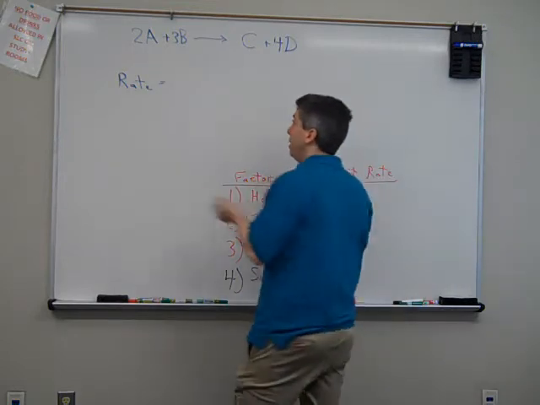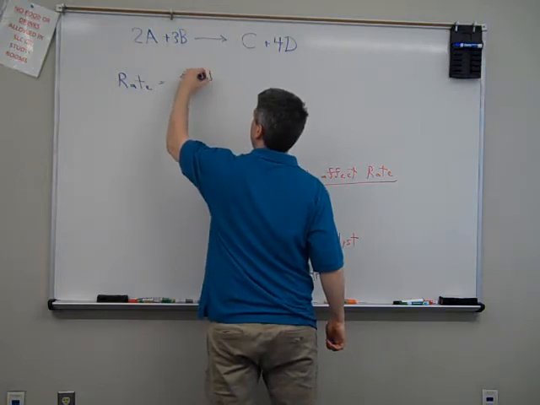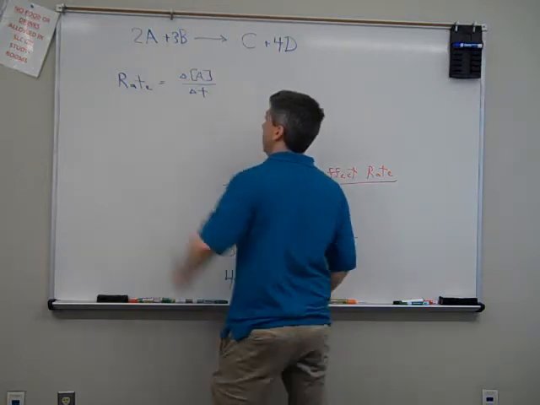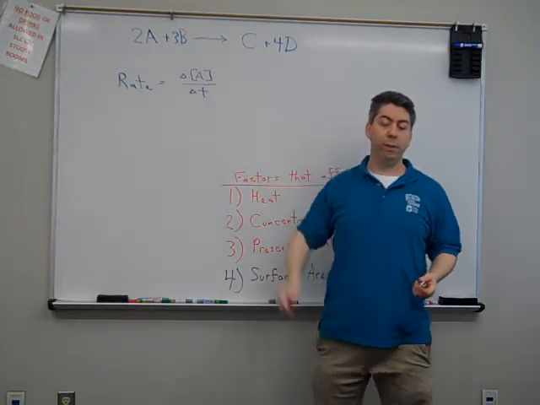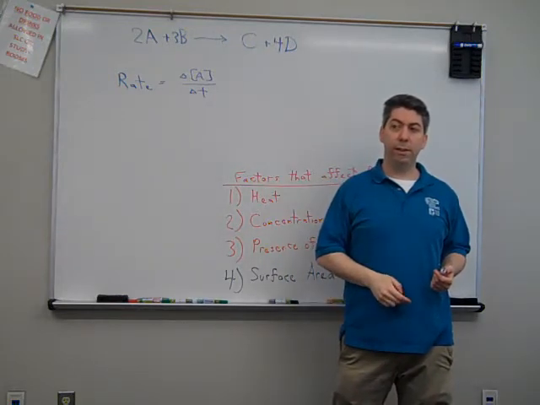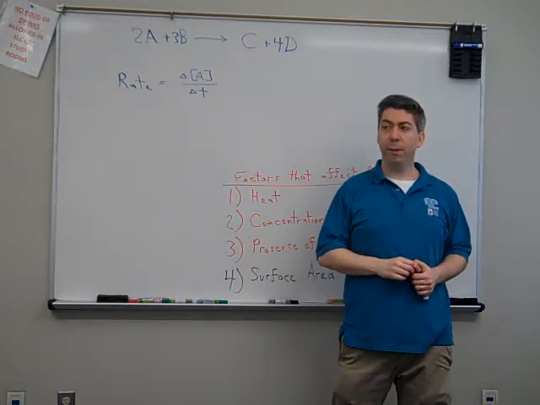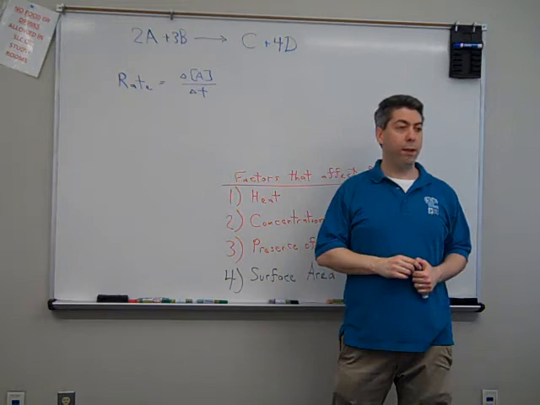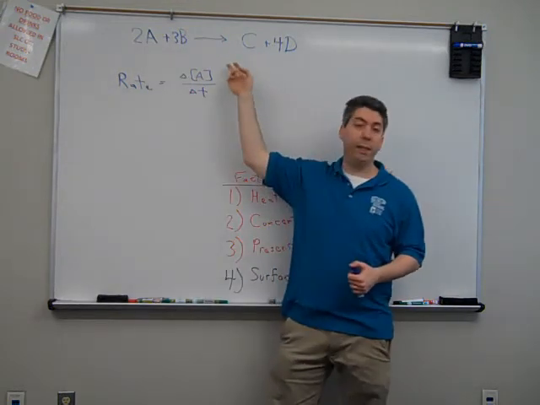The thing is, if I simply write the change in the concentration of A over the change in t, is that going to be the same as the change in C over the change in t? Are those two rates going to be the same? They're not, right? Because the coefficient of A is 2 and the coefficient of C is 1.